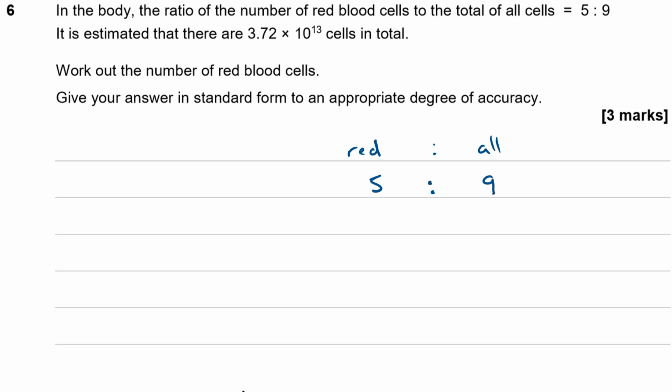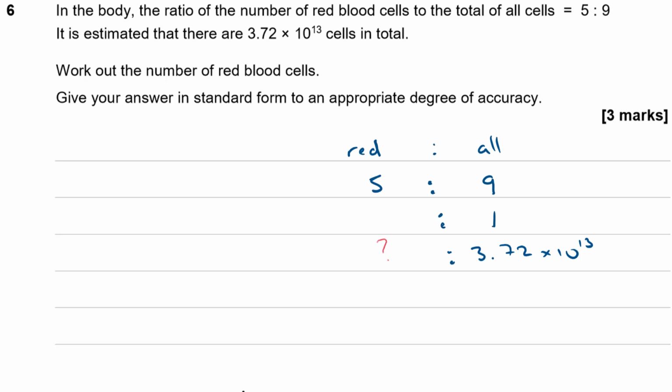And we're told that there are 3.72 times 10 to the 13 cells altogether. So how many red blood cells does that make then? Okay, so we can go via what we call the unitary method, which is going via 1.